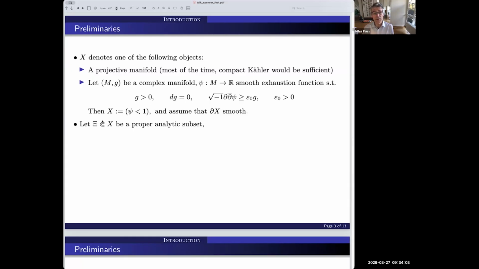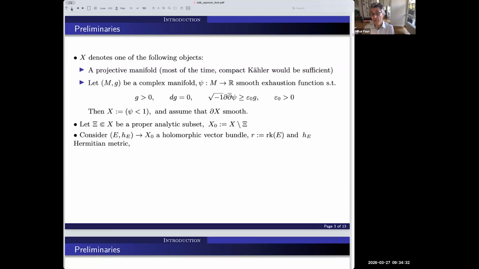Another piece of data is a proper analytic subset Σ inside X, and let's say that X0 is the complement. Now let's consider also a holomorphic vector bundle on this open part, right? So you have your manifold X, and then you remove some analytic locus Σ, and then we have a holomorphic vector bundle E on the complement, of arbitrary rank.